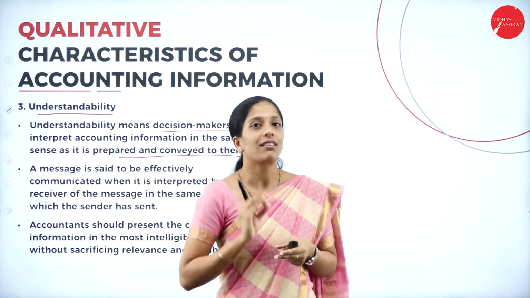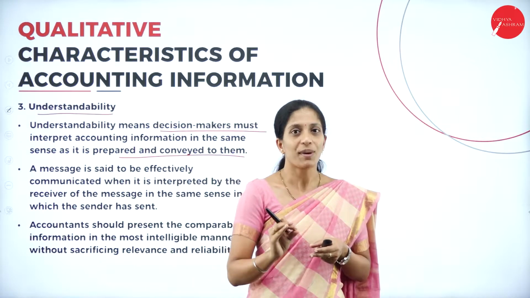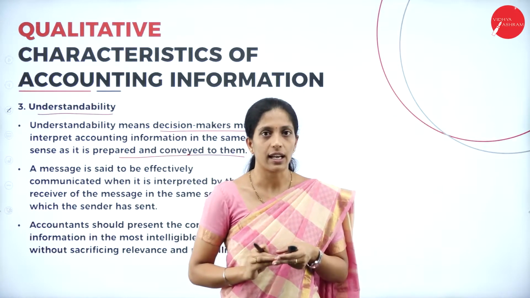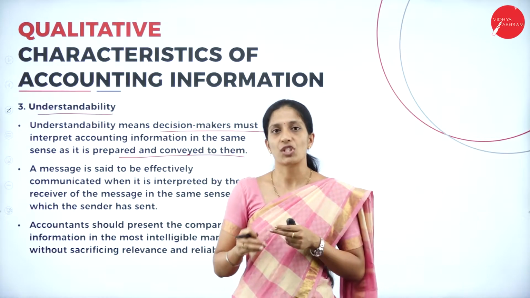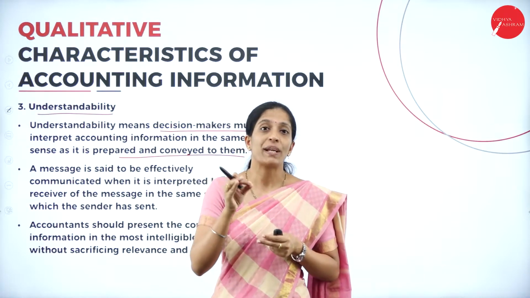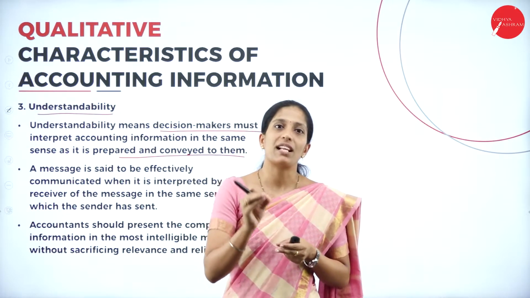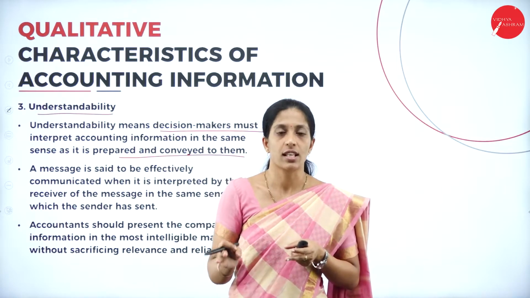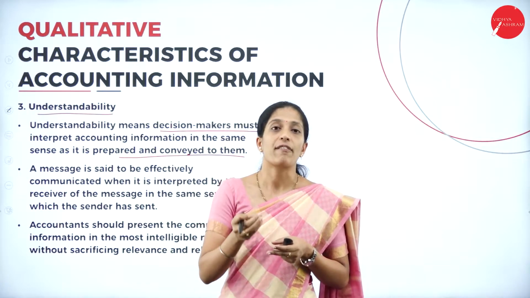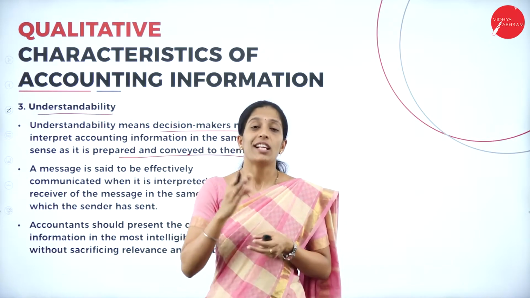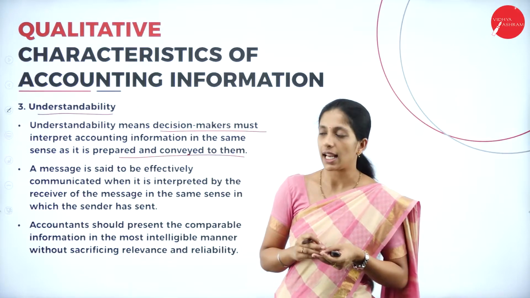Then only can we tell that information has been properly communicated. So communication is nothing but what? Whatever information is being conveyed has to be properly accepted by the user in the same sense. How the sender sends, in the same sense the acceptor has to receive the information. Then only does proper communication take place.